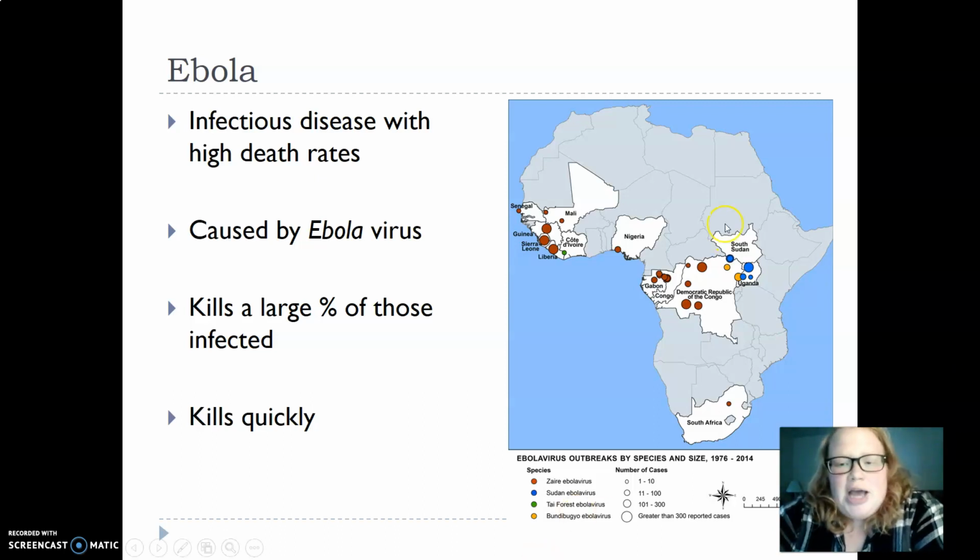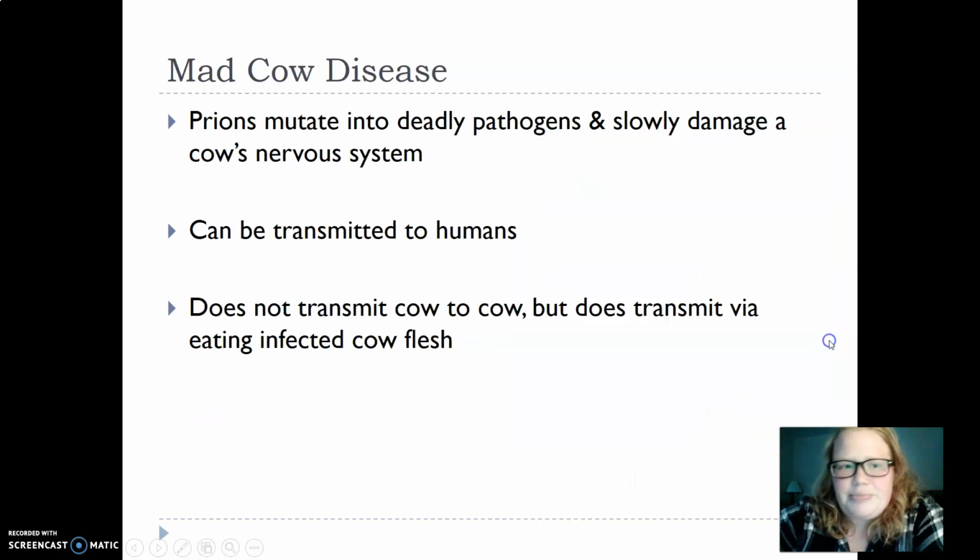Notice this map of Africa shows the pockets of area where Ebola outbreaks have happened. This is from 1976 to 2014, so this is not just one Ebola outbreak. This is many Ebola outbreaks all put together. It's not all of Africa that has Ebola, it's just regions of Africa that have Ebola cases, okay?